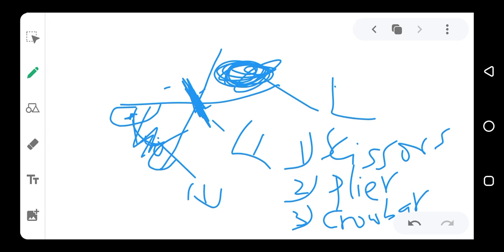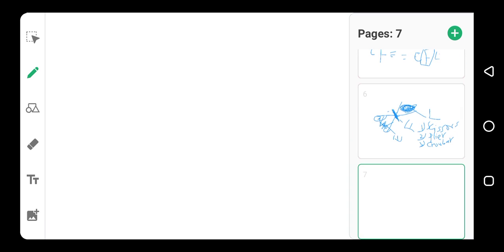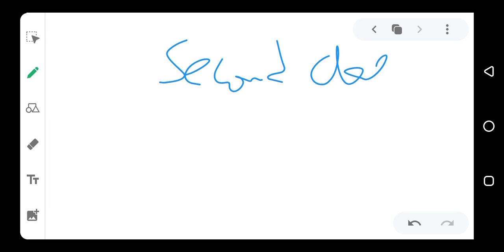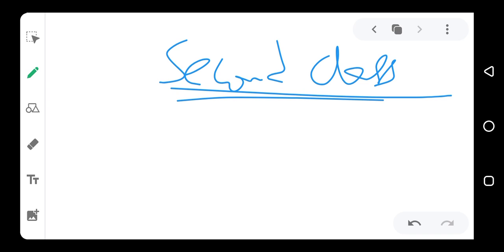Now we look at second class lever. In second class lever, the load is between the effort and the fulcrum. So we have effort, load, and fulcrum.